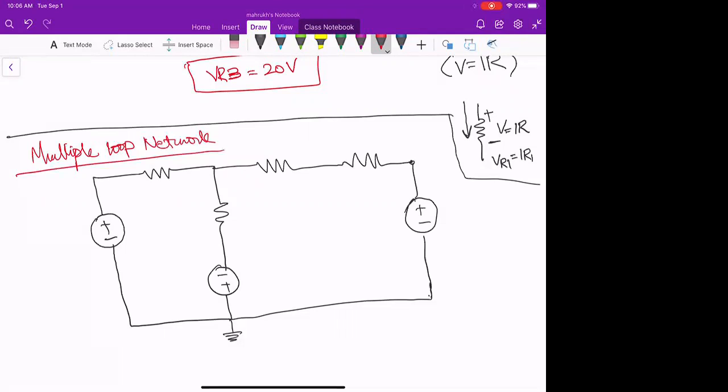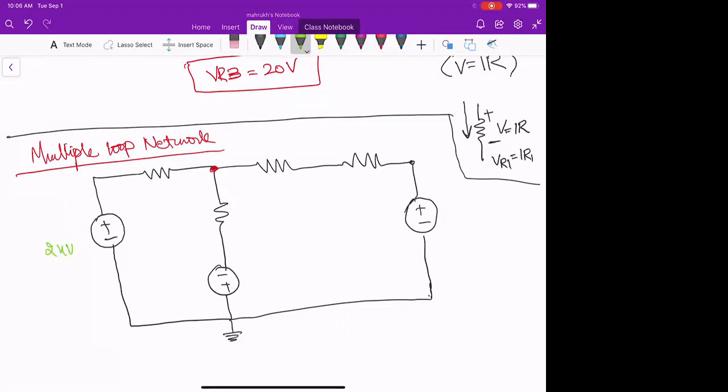What was the loop? Loop was the closed path that has multiple elements in it. So these are two closed paths. There is also a node in which the current is dividing. But for describing KVL, I will try to write the equation of the loops in terms of KVL, okay? So let me first define the voltages.